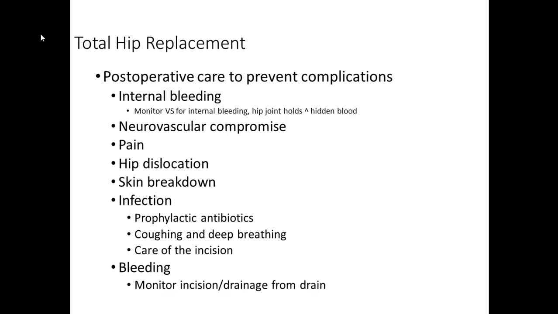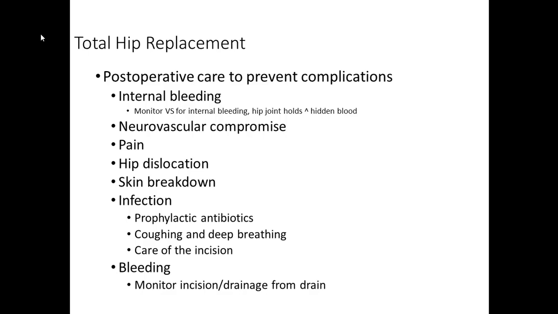Again, CMS checks, CMS checks, CMS checks. Please monitor for your color, your movement, your sensation, your pulses. Make sure they have a pulse. If they had a hip done, we want their pulse all the way down in their foot. Pain is a big thing. If their pain's not controlled, they can't participate in therapies, and then they don't get to go home if they can't pass therapy.